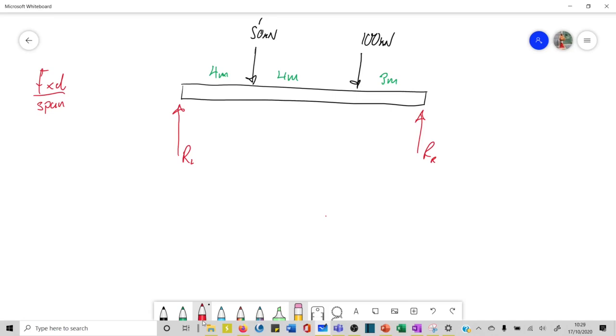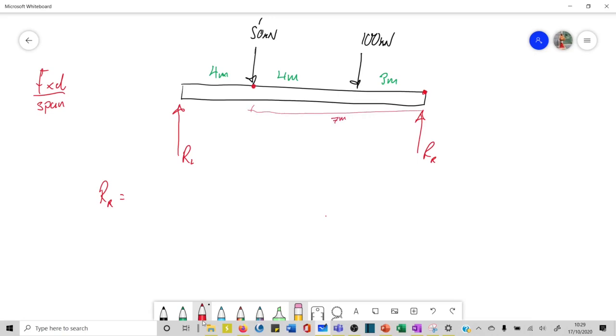So again, calculating from the left. So right reaction equals, now we're coming from this side, from there to here, so that's a distance of 7 meters, 4 plus 3.